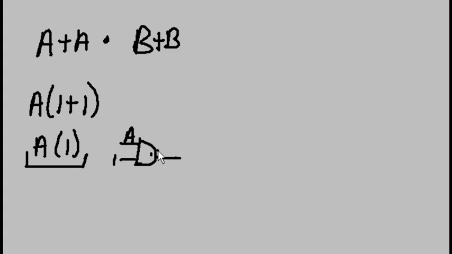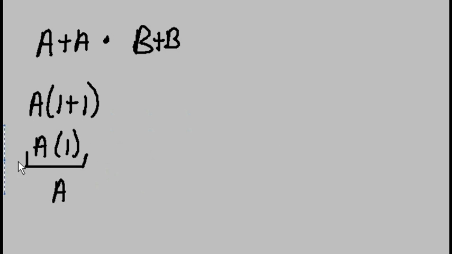If you AND anything with a 1, if A is a 0, you're going to get 0 and 1, that's a 0. If A is a 1, 1 and 1 is a 1. So if you AND 1 with anything, you're going to get that anything, which is to say, if you AND 1 with A, you're going to get A. So A ANDed with 1 will be A.